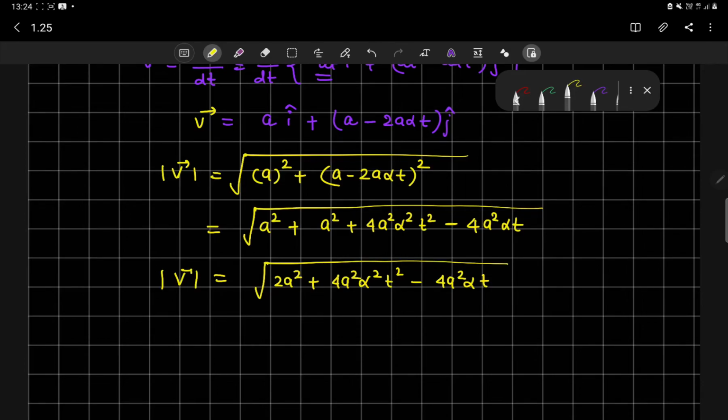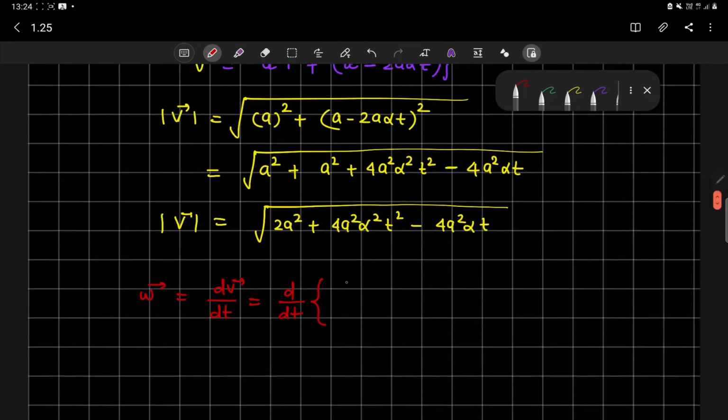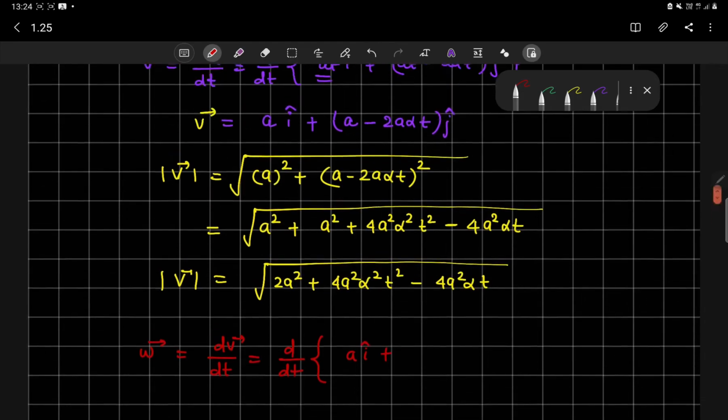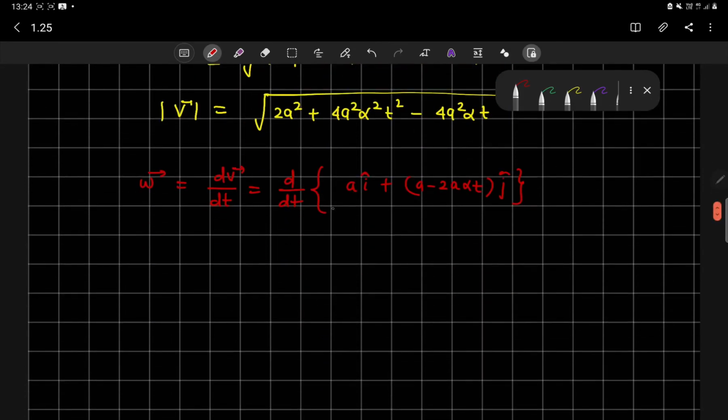Now let us come to the acceleration vector. If we write the acceleration vector, which is represented by w vector, this is equal to the derivative of the velocity vector with respect to time. So we can write d/dt of the velocity vector, that is a i cap plus (a minus 2a alpha t) into j cap. The differentiation of a is 0, plus 0 minus the differentiation of 2a alpha t is 2a alpha, because 2a alpha is constant and the differentiation of t is 1.